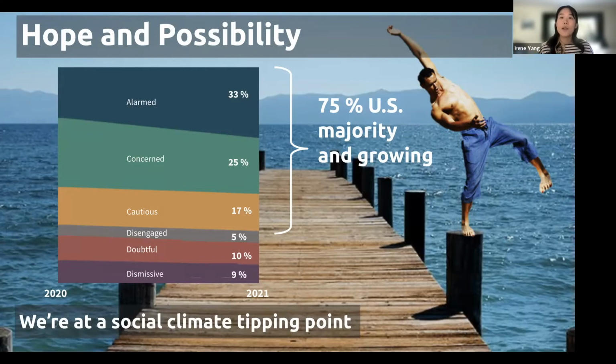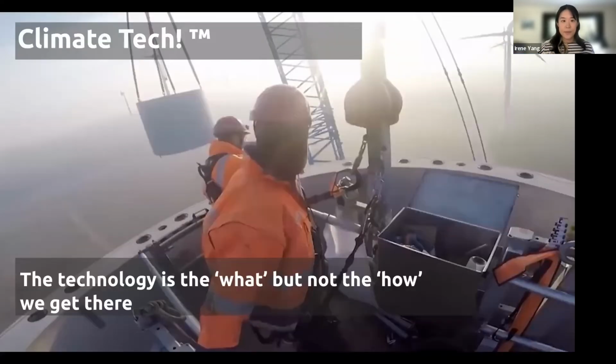But severe weather and other climate-related disasters have created a social tipping point that even politicians have really recognized. Finally, it seems like there's real hope and possibility laying just beneath the surface. A social tipping point on climate is really upon us.